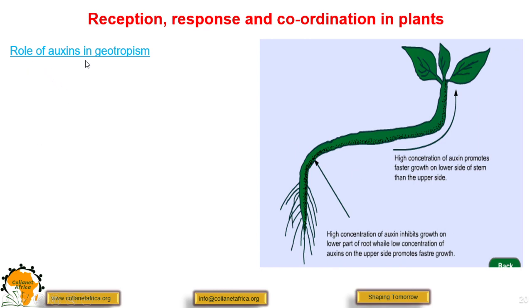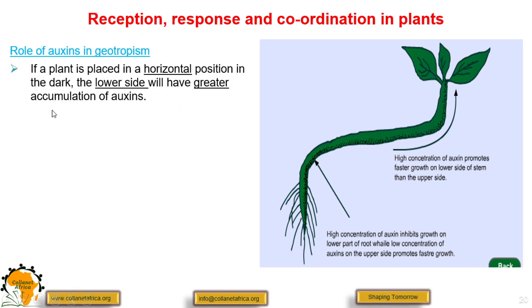Now let us move to the role of auxins in geotropism. If a plant is placed in a horizontal position in the dark, the lower side will have greater accumulation of auxins.